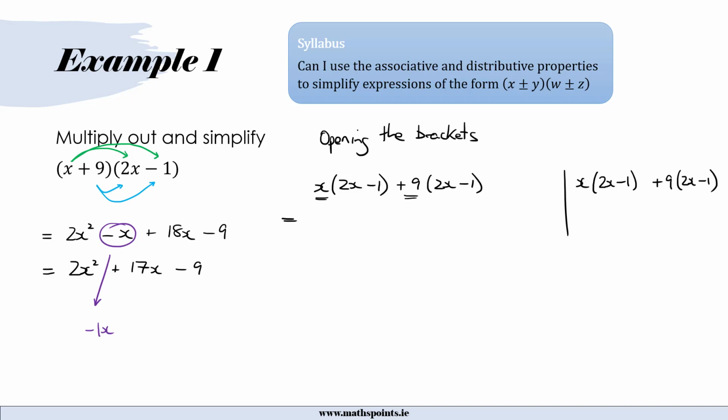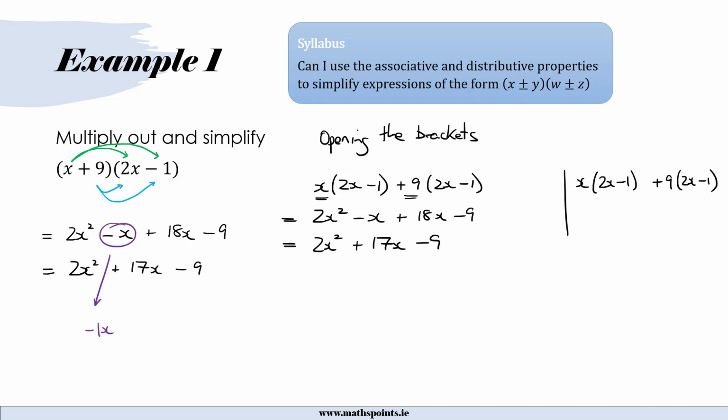Okay, so multiplying this out, we have x by 2x is 2x squared, x times minus 1 is minus x, 9 by 2x is 18x, and 9 times minus 1 is minus 9. Now note, that's exactly what we had the previous time when we took a shortcut and just watched what the arrows were doing rather than opening up the brackets. Tidying up like terms again, it's the minus x and the 18x, so 18x minus 1x is 17x, and then finally the constant minus 9 at the end.